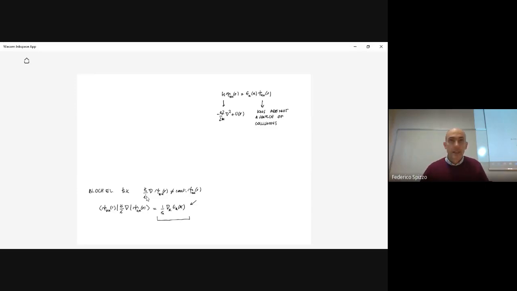So in principle, this system has an infinite conductivity. As real systems do not have infinite conductivity, we have to assume that there is a mechanism that actually interferes with the electronic motion. But for the moment, this mechanism has no physical counterpart.